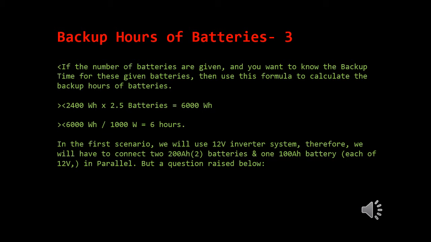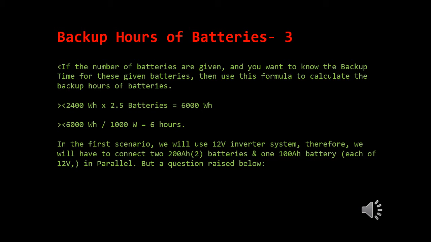Our watts per battery is 2400 watt-hours times the number of batteries, which is 2.5, which will give us 6000 watts. 6000 watts divided by our load, which is 1000 watts, as we calculated from the beginning of this tutorial. You can go back to the first tutorial and check how we said that our load, our demand, was 1000 watts. So if you calculate here, we get 6 hours.